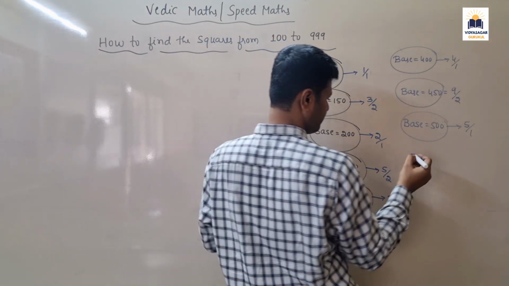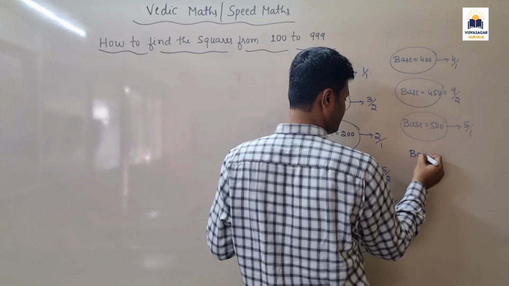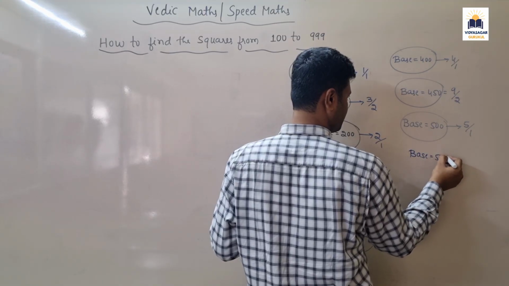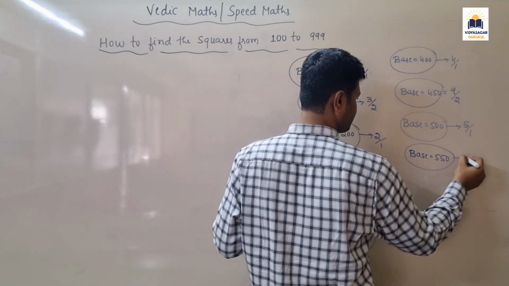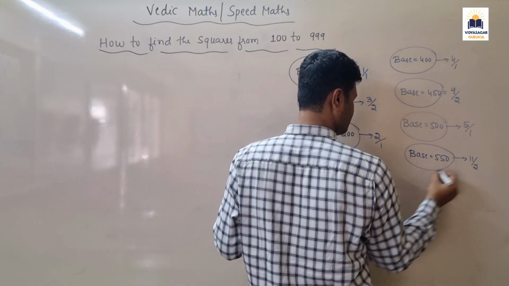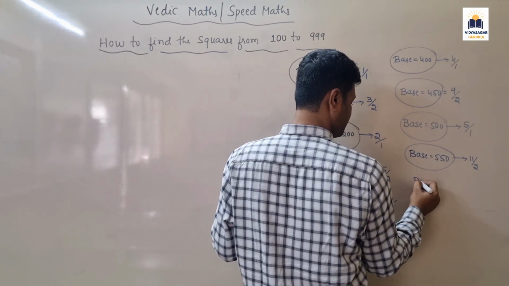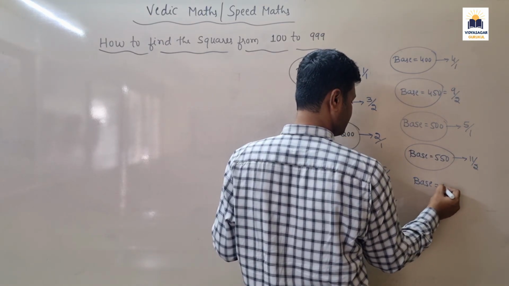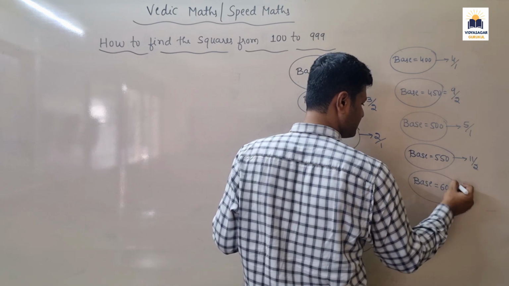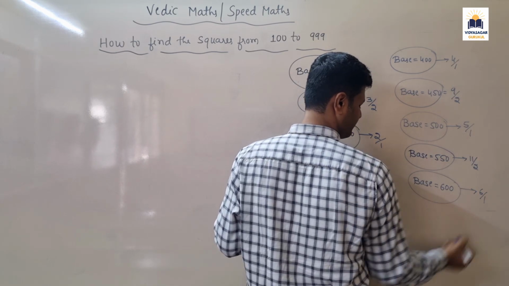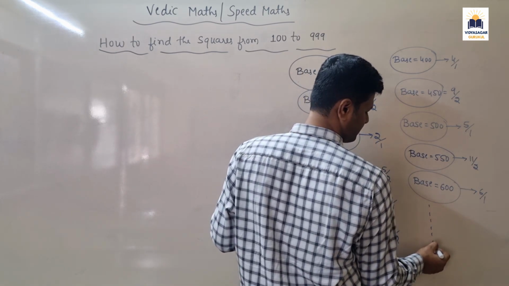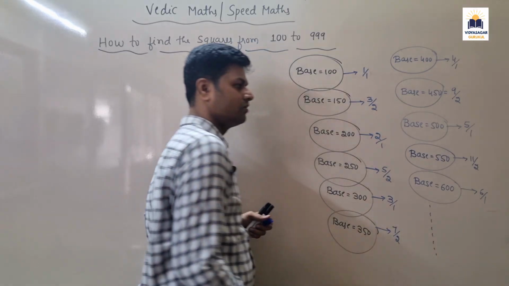Now base 550 can be written as 11 by 2, and base 600 can be written as 6 by 1. Okay, so like that you can write it up to 1000.